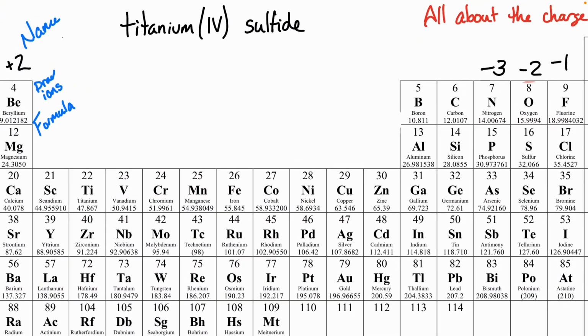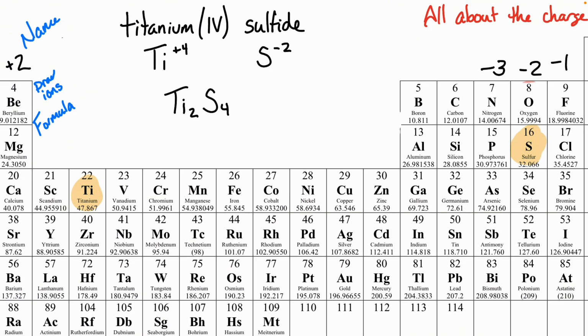Zoom in as much as possible here. We need to know the symbol for titanium is Ti, and here's my sulfide on the periodic table. So titanium, the charge is built into the name, so this is the titanium 4 ion. Based on where sulfur lives on the periodic table, it's got a -2 charge. If I do this swappy swap game here, I get Ti2S4, and then I'm done.